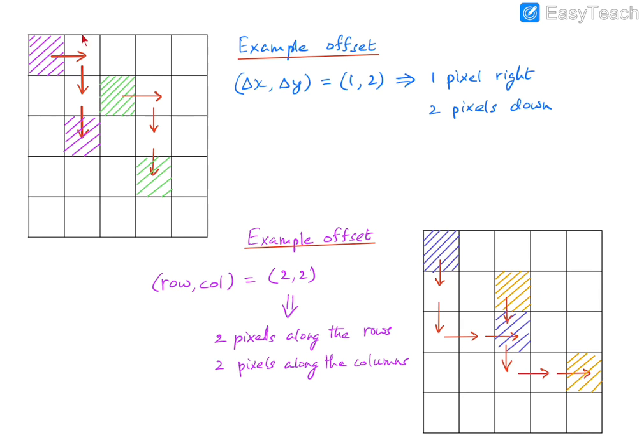So for example, for this particular pixel, the other pixel which will have the same offset is this one. Based on this, we will have a relative position of the pixels with reference to a given pixel in the image.